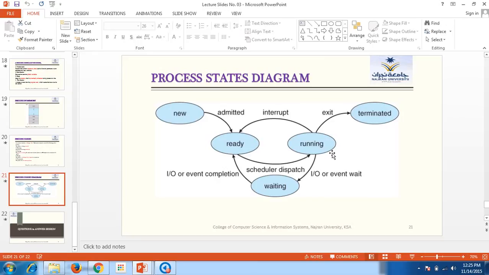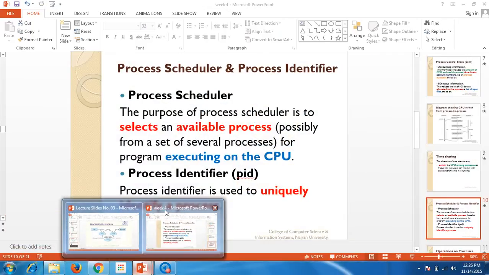We have many scheduling algorithms: first come first serve, shortest job first, round robin, and priority queue. In coming lectures we will discuss these algorithms. But here, it is the responsibility of the scheduler to move a process from ready to running state.